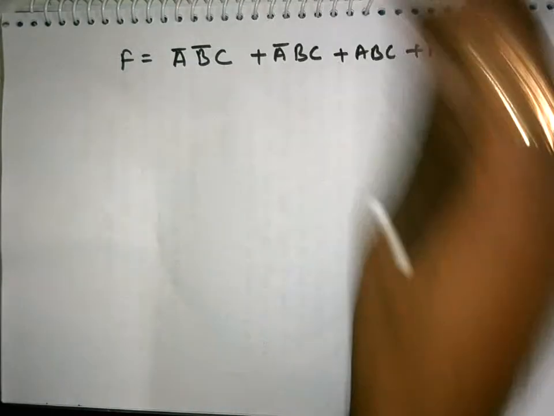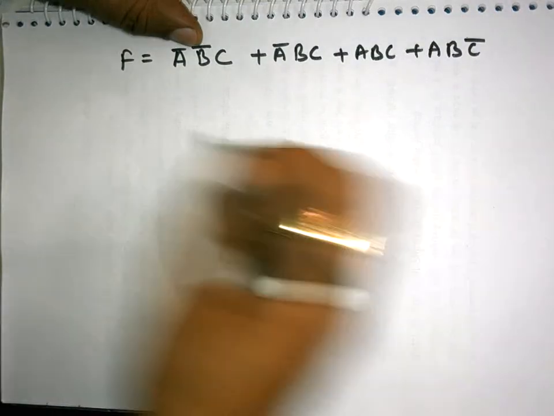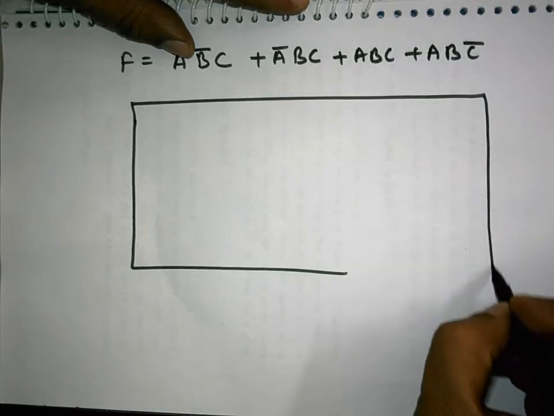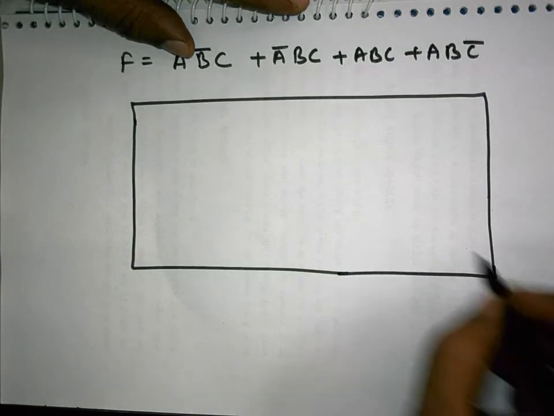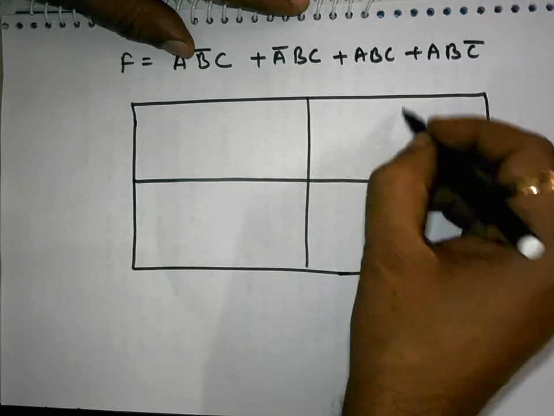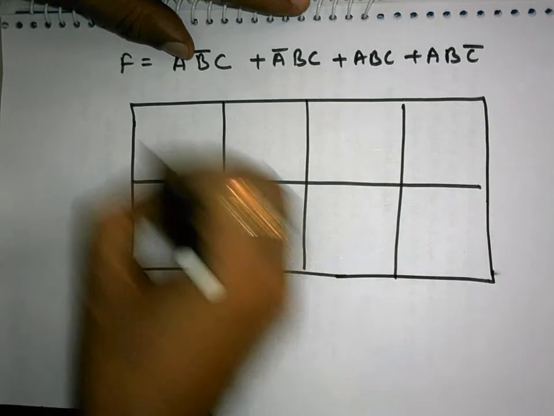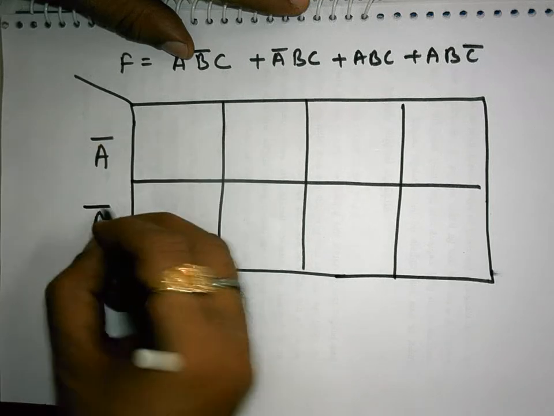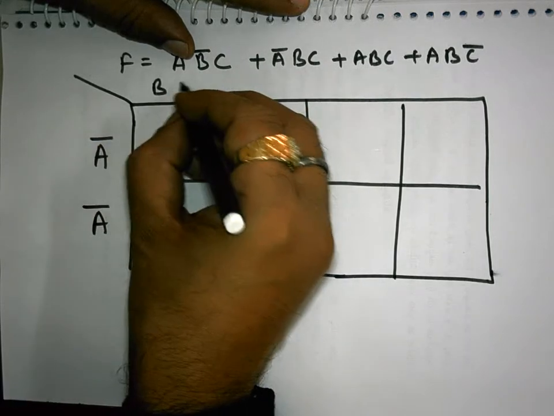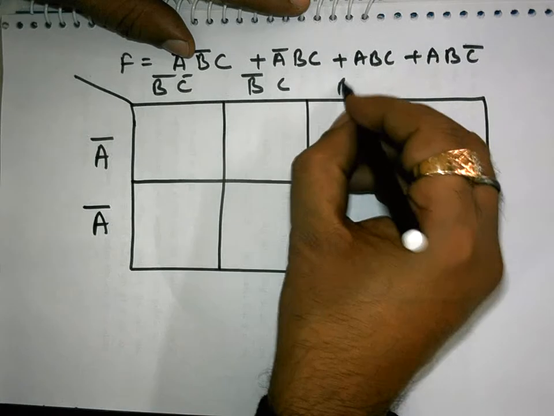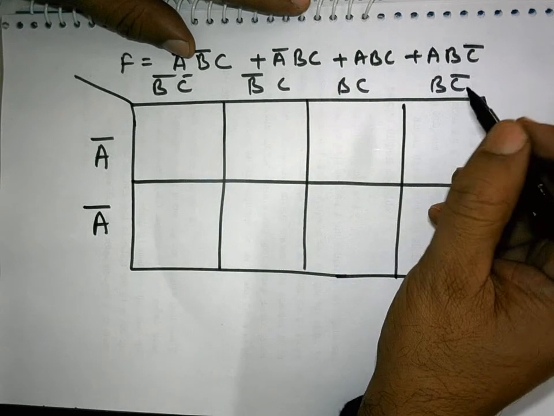How can you map this? Taking A this side, this will result into A bar A and B on the column side. So B bar C bar, B bar C, BC and BC bar.